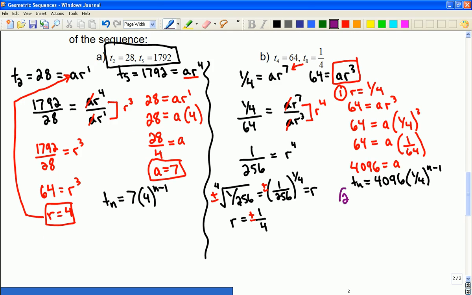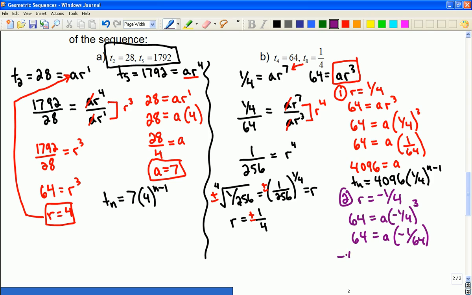So in the second scenario, the common ratio is negative a quarter. So I'm going to use negative a quarter this time for the common ratio. So I'll have 64 is A times negative 1 over 64.